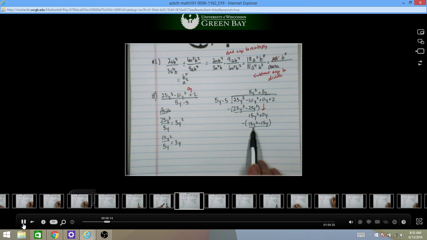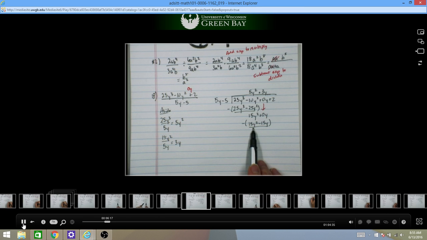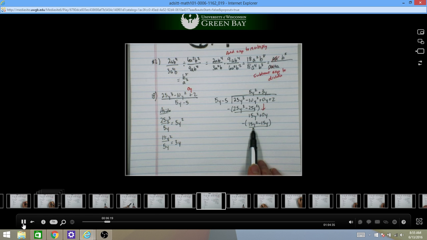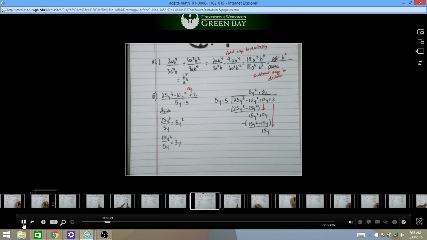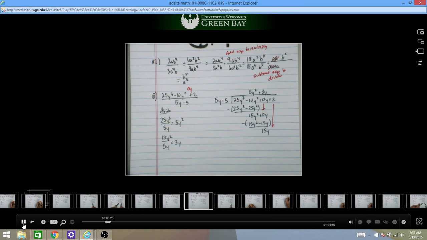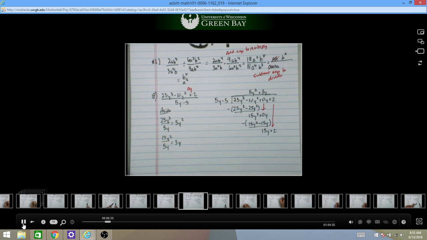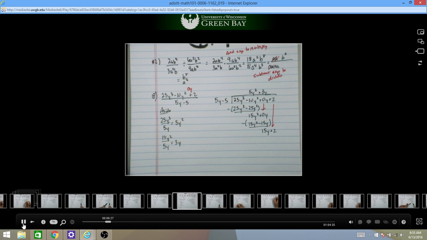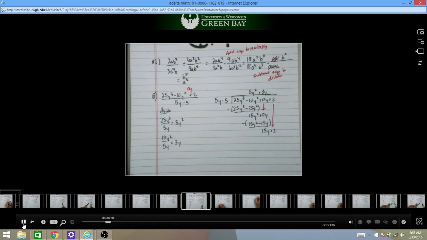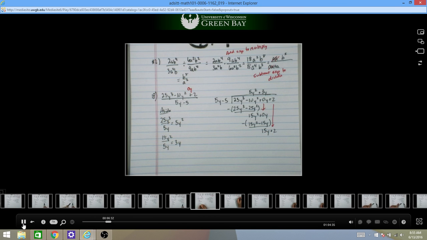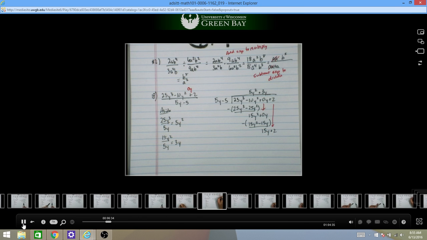And bring down the 2. So for the 15y plus 2, we'll take the 15y and divide by 5y off to the side. And that's 3. So I'll put plus 3 here.